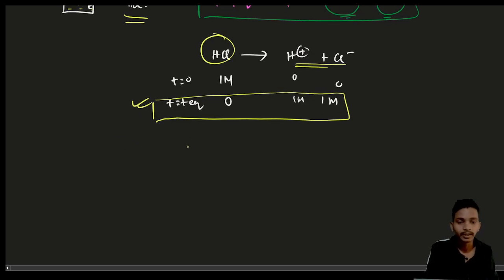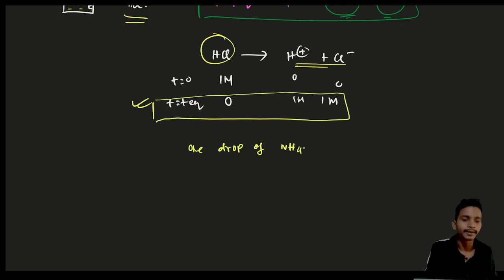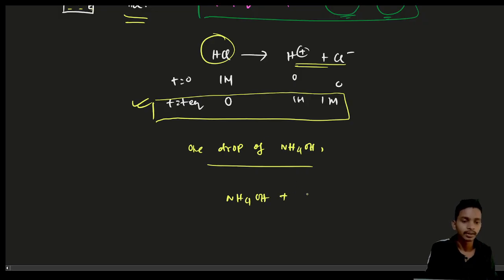So whenever I add, let's say, 1 drop of NH4OH, what happens? This NH4OH will react with HCl. Here NH4OH is present in a very small amount, let's say 0.01, because of the OH minus, and HCl is present, let's say 1 molar.